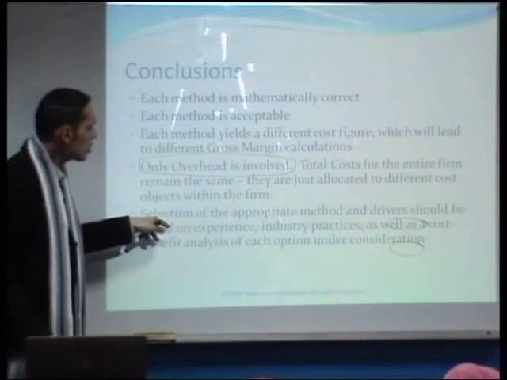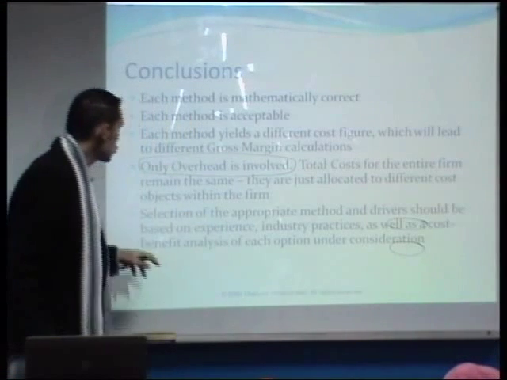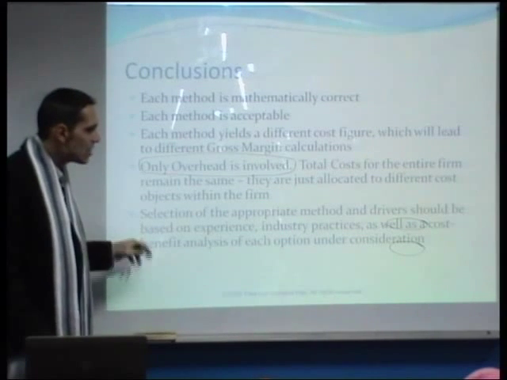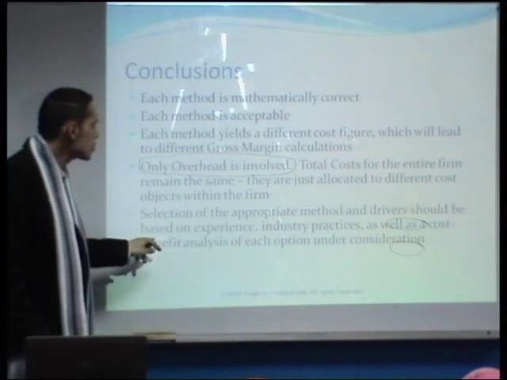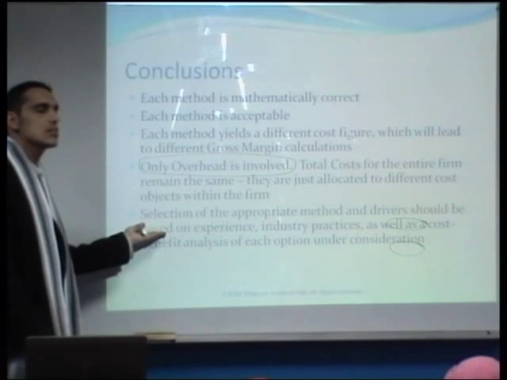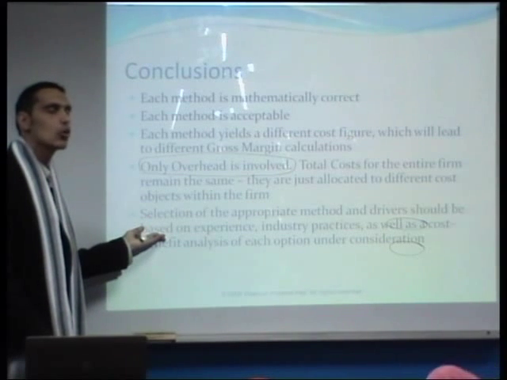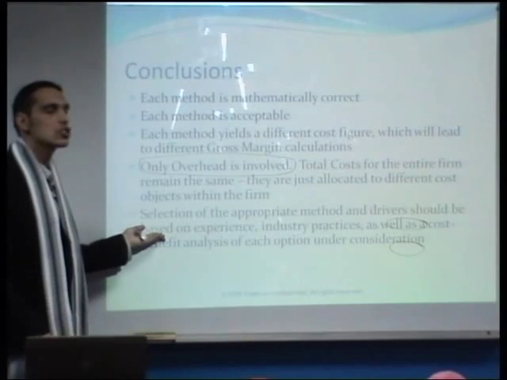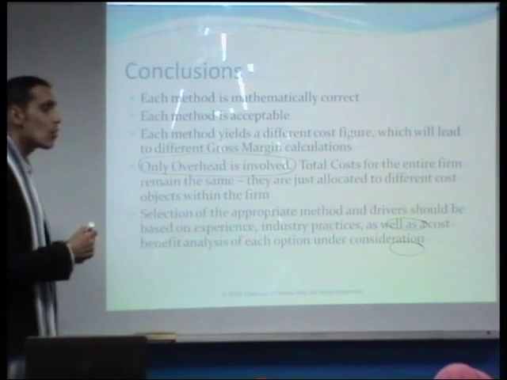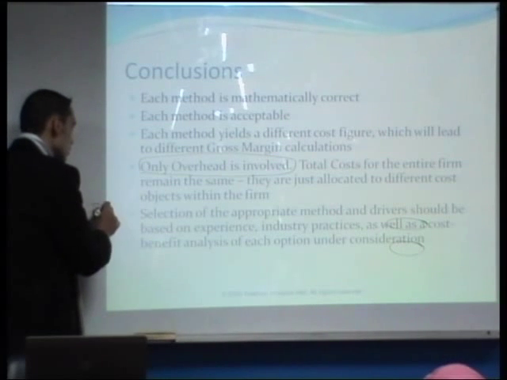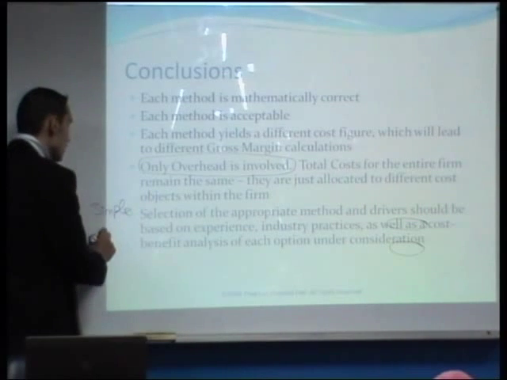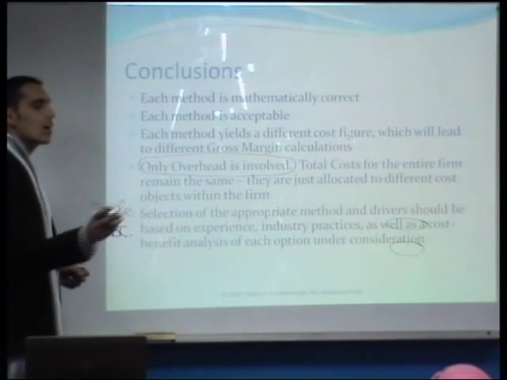At last, the selection of the appropriate method and drivers should be based on experience, industry practices, as well as a cost-benefit analysis of each option under consideration. This is exactly what we said according to our discussion throughout this chapter. Of course, this is correct for the simple costing and also is correct for the activity-based costing and any other costing system.